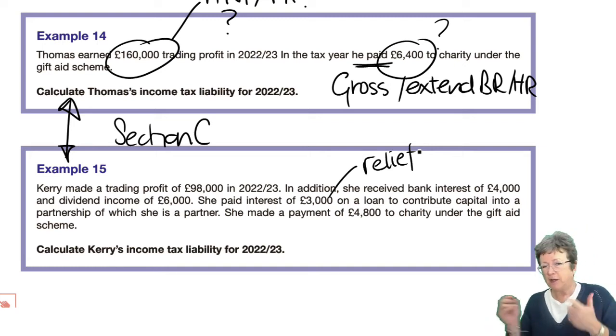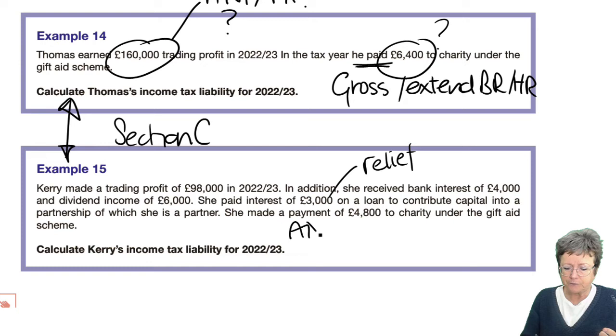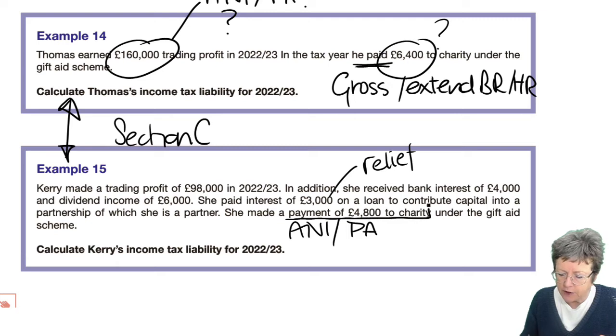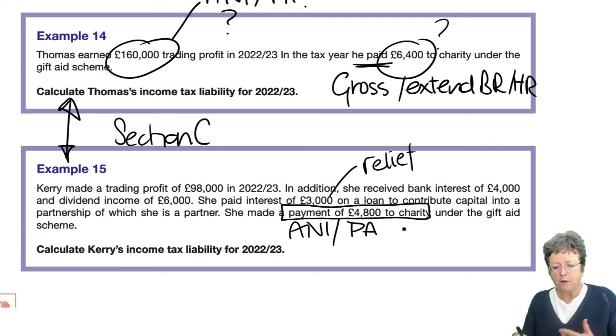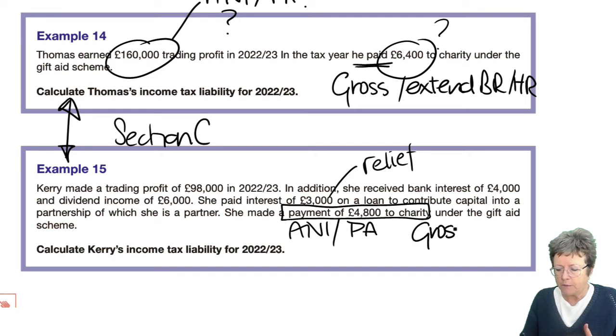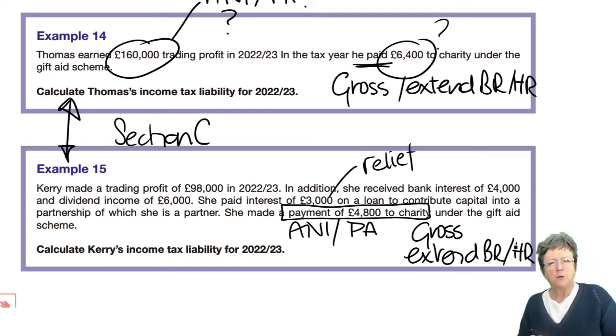We're going to have to work out ANI, whether she's going to get any personal allowance because she's made a payment to a charity. Again, that's going to have to be grossed up, and we're going to have to extend the basic rate bands. Meaty question, this one. Meaty question. So let's have a look at the answer for that one.